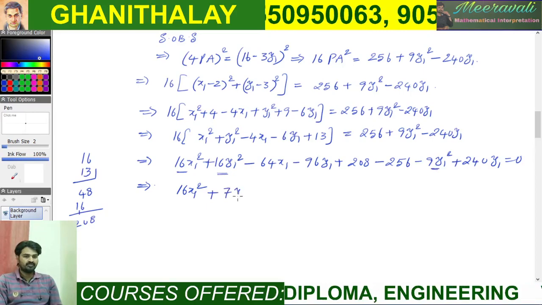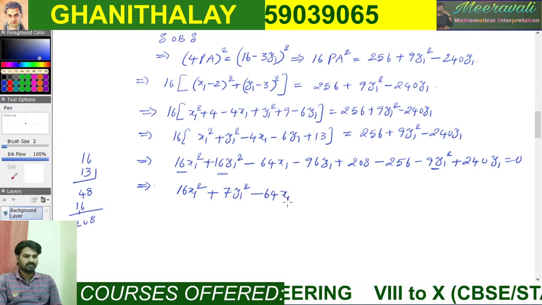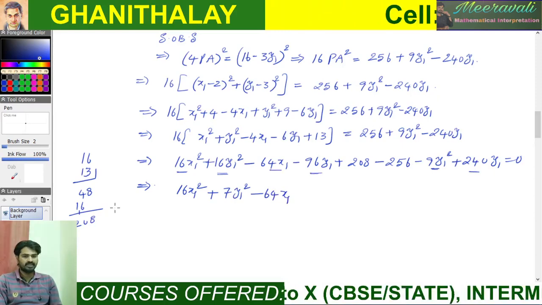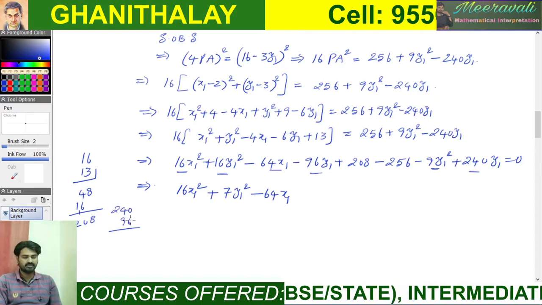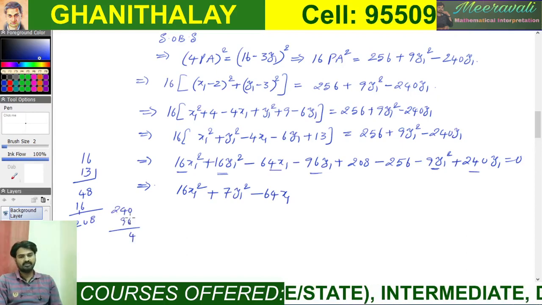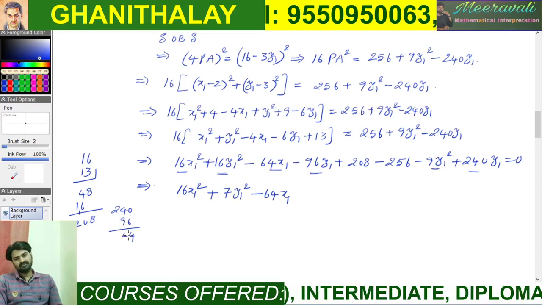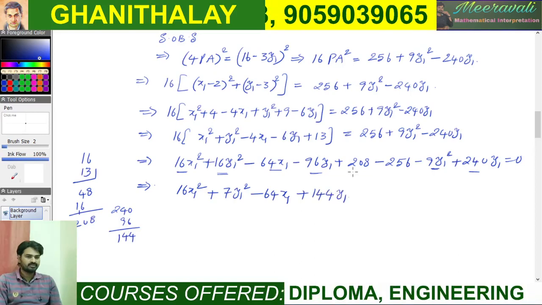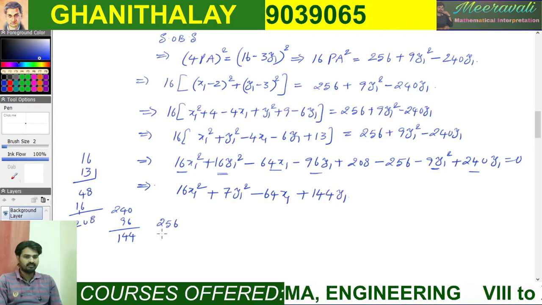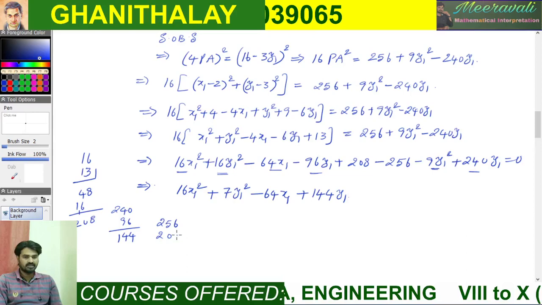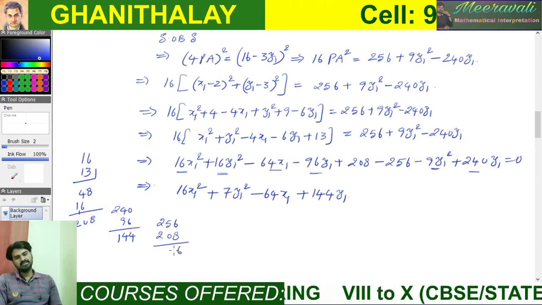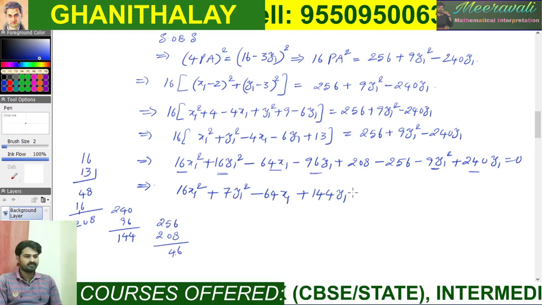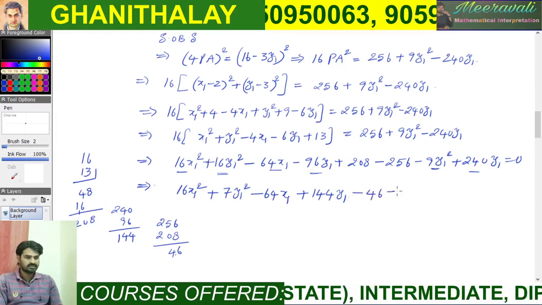Next minus 64x1. Next minus 96 plus 240, that is 144y1. Next the constant terms, 256 minus 208, that is finally plus 40 minus 46 is equal to 0.